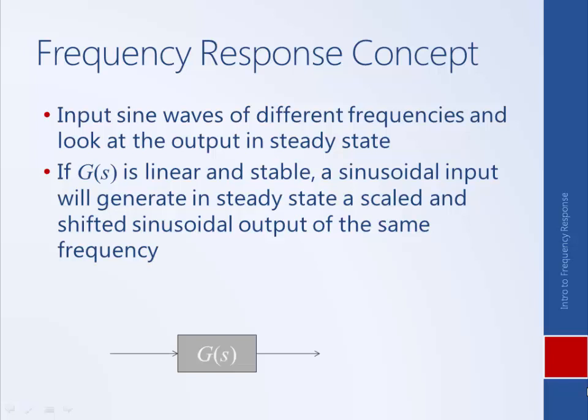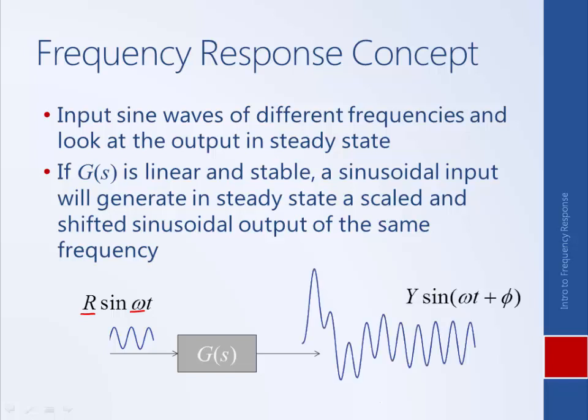So for example, if this is our system G(s), and we feed it a sinusoidal input with frequency omega and amplitude R, then the output may look something like this. In general, we have a transient portion that's due to the natural response of the system, which is typically a decaying exponential or a decaying sinusoid.